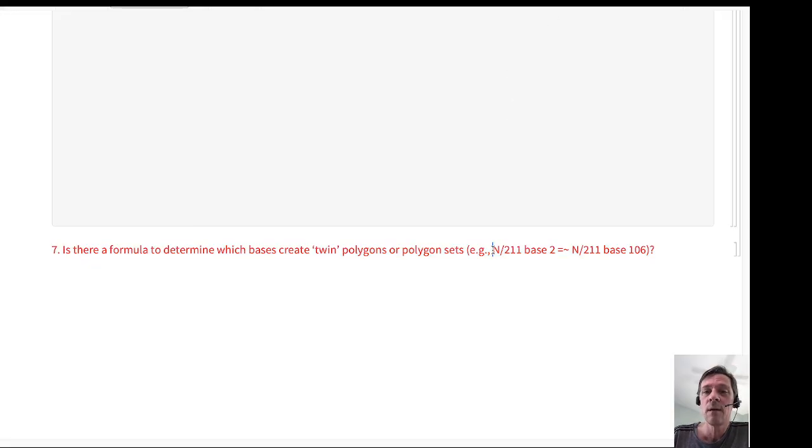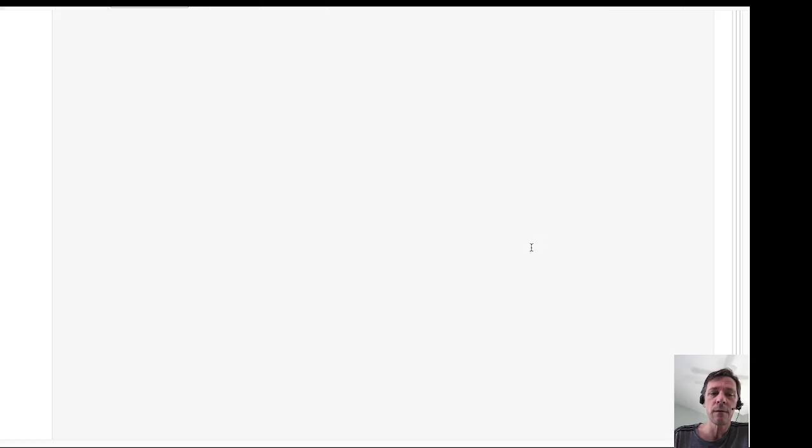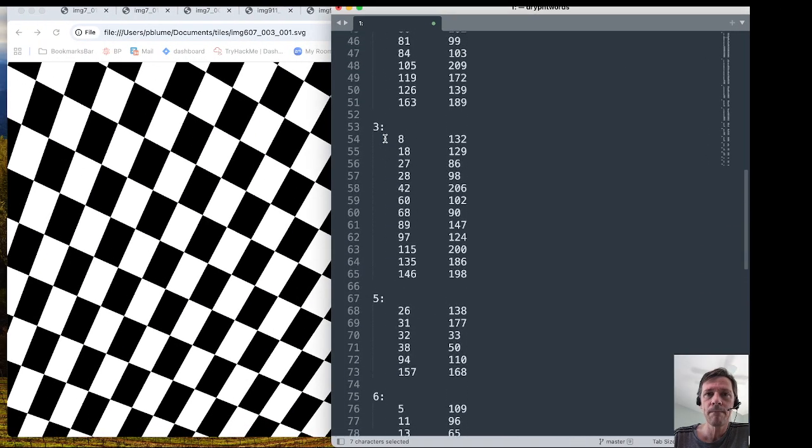For example, in n over 211 base 2, that image is exactly the same as n over 211 base 106. There is an intriguing way to start this, which is to realize that 106 is half of 210, plus 1. And then if you look at base 3, its colleague is, where is it?